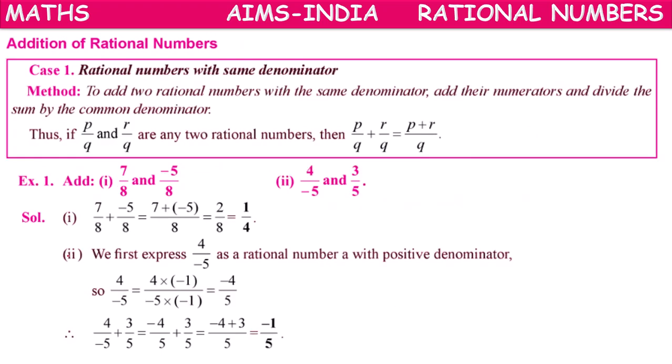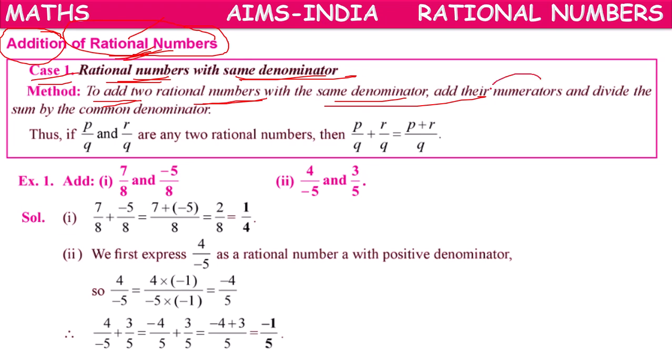Next, we have a mathematical operation: addition of rational numbers. How to add rational numbers? In case 1, we add rational numbers with the same denominator. To add two rational numbers with the same denominator, we add their numerators and divide the sum by the common denominator.